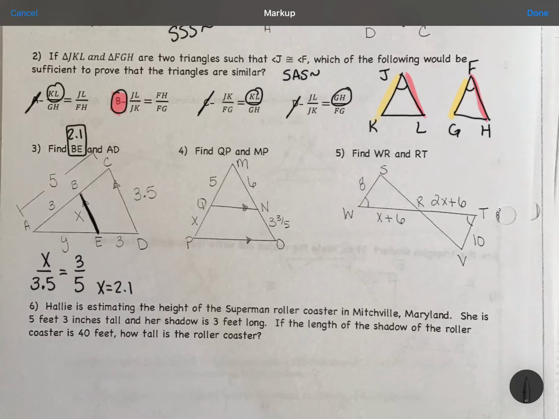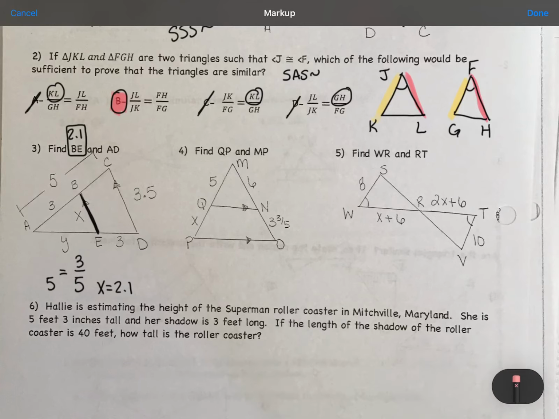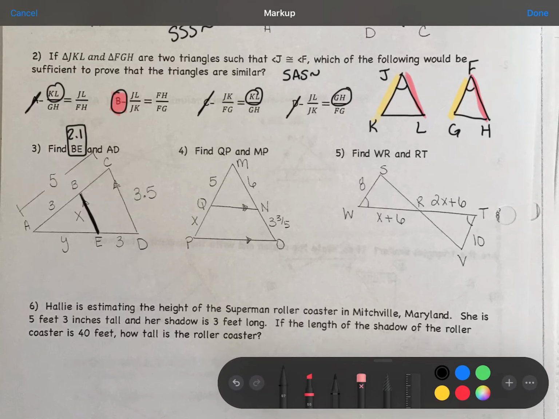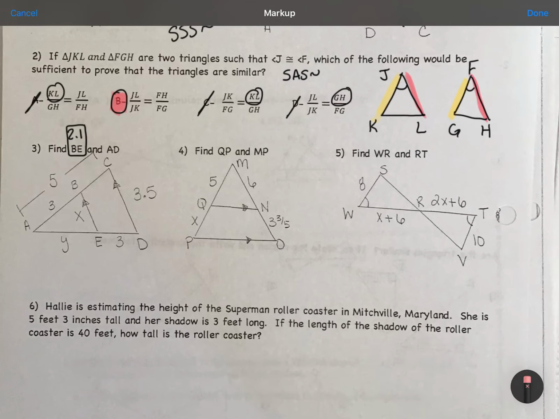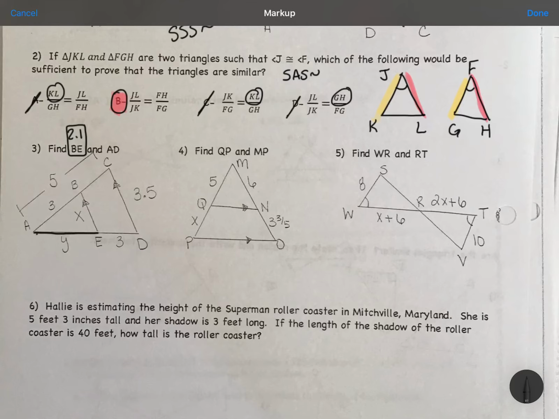All right, now I'm looking to find y, because if I know what y is, then I can find out what AD equals. So I'm going to set up another proportion, and I need some more space. So I'm going to erase all this. So to find y, there it is.